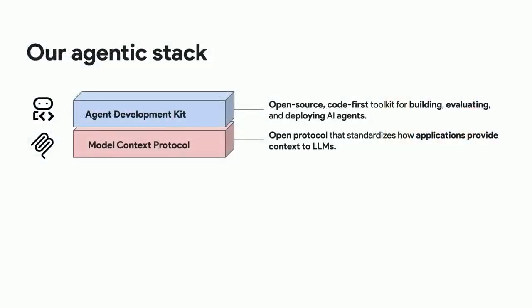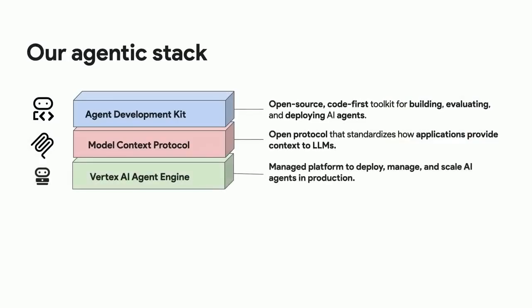On top of MCP, we also introduce Vertex AI Agent Engine, which is essentially a managed platform that has been designed to deploy, manage, and scale your AI agent in production. It takes care of all those operational challenges and possible capabilities that you need in order to deploy your agent in production.